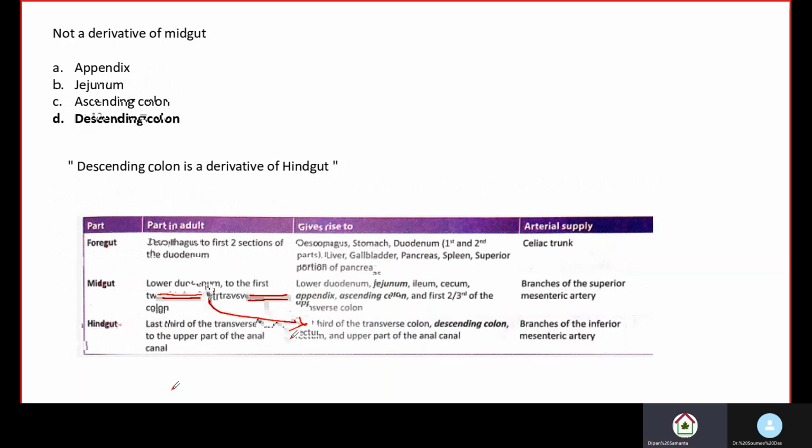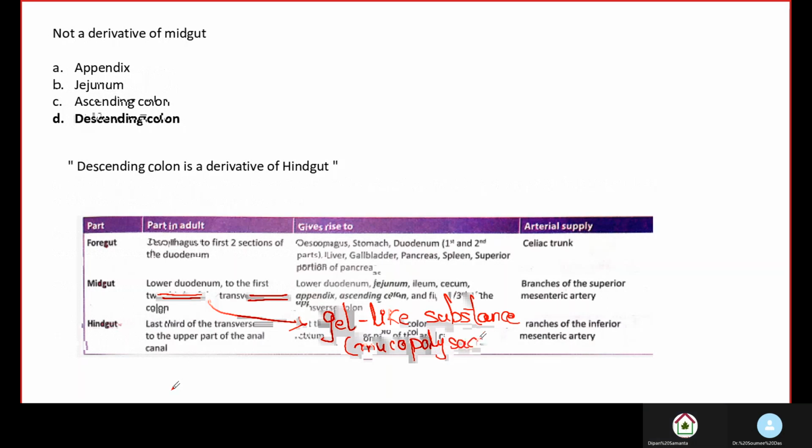Wharton's jelly is first of all a gelatinous, gel-like substance, largely made up of mucopolysaccharides, and it protects the blood vessels inside.